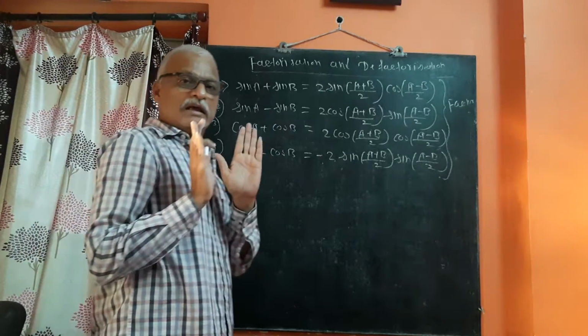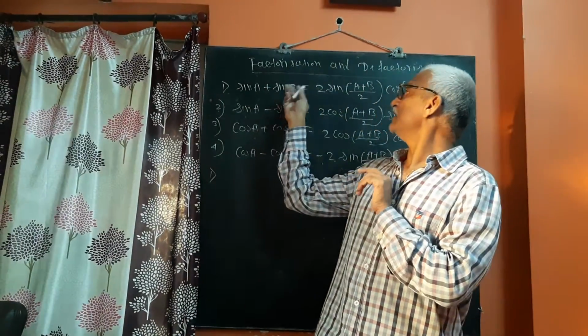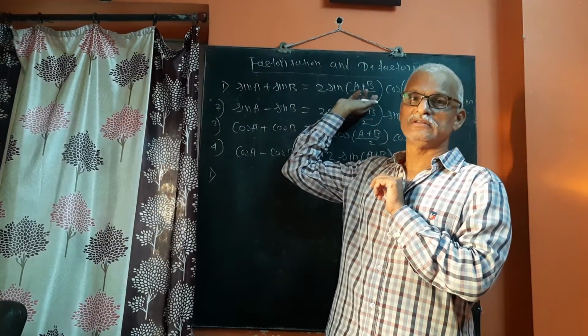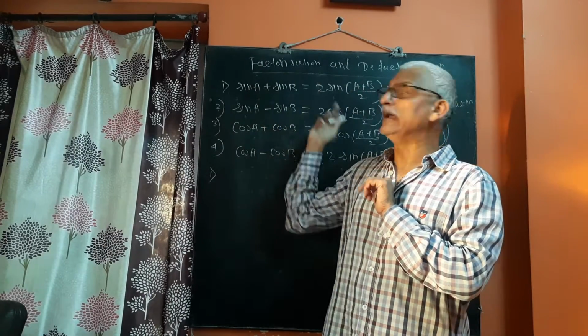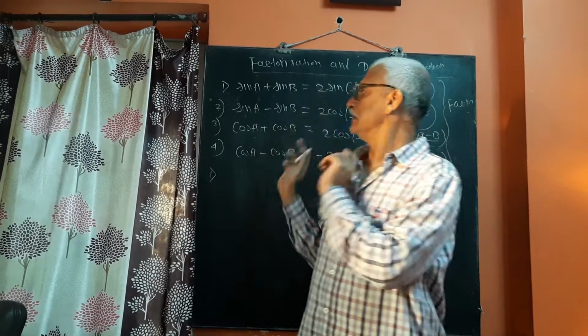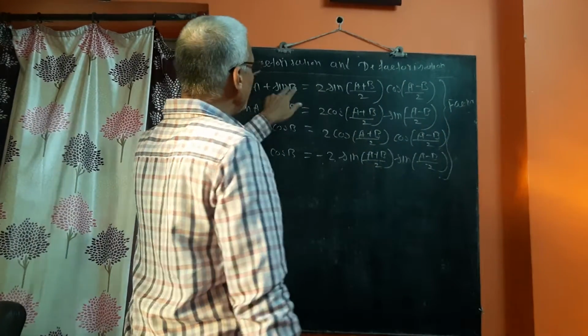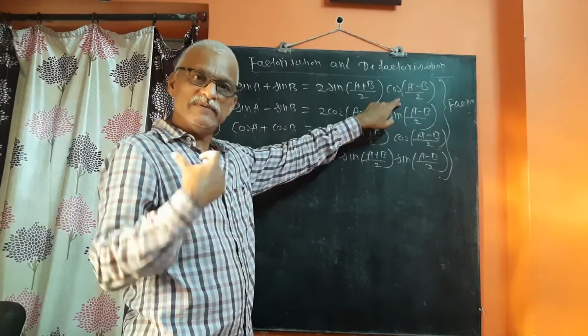If you remember the formulas like that, the addition of 2 sin is the multiplication of sin and cos. Then the reverse of that will be the defactorization formulas. The addition of 2 sin is the multiplication of sin and cos; this is factorization.